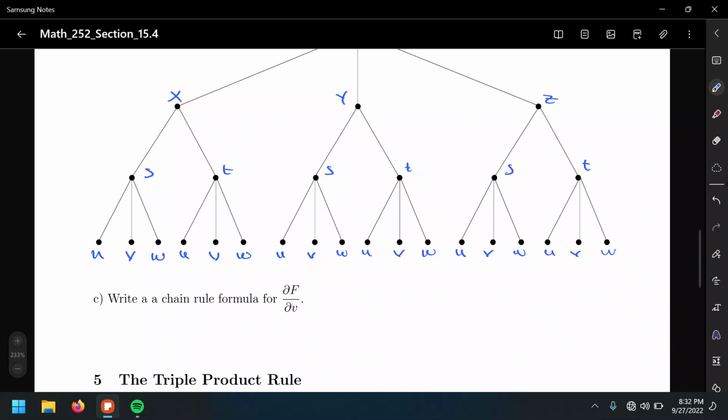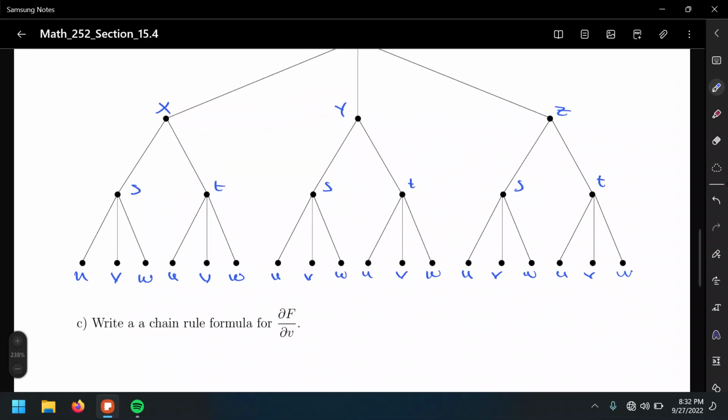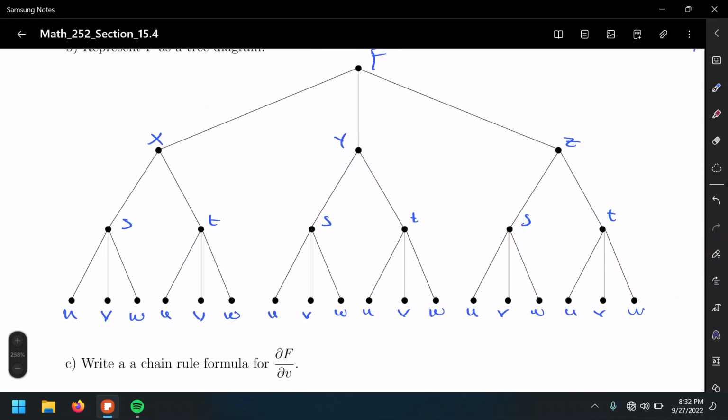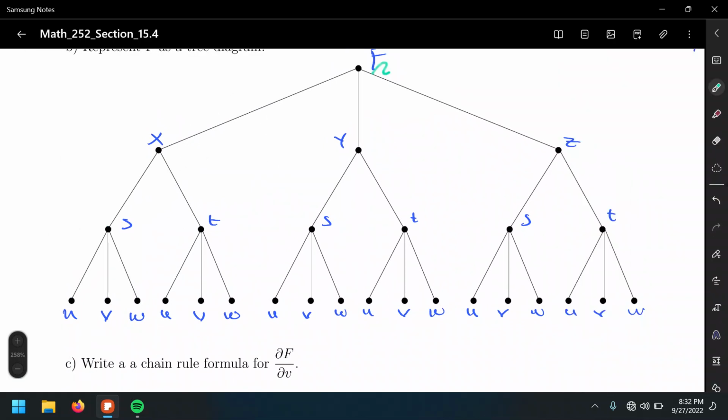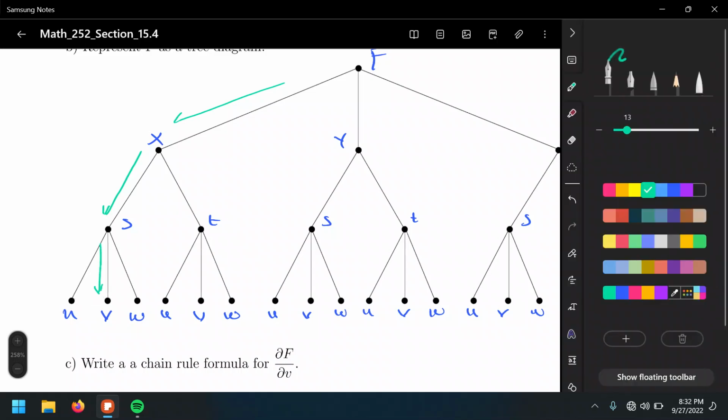We're not going to do u, v, and w. We're going to do only one. One is enough. So let's explore all possibilities to get from f to v. Number one, let's go from f to x, x to s, and s to v. That's one.